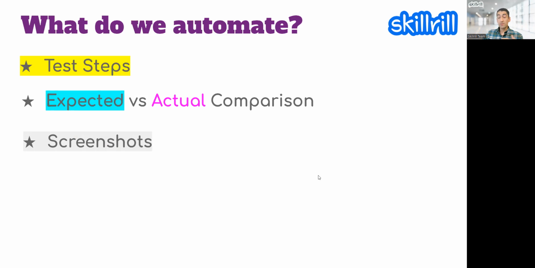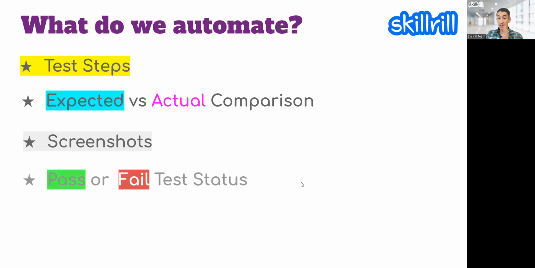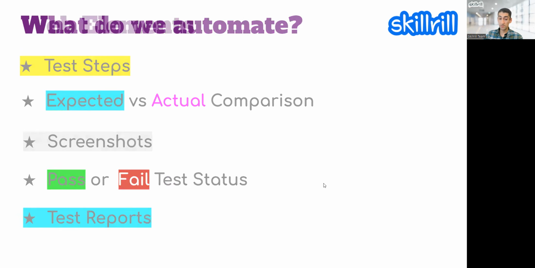You could take the screenshots manually, but imagine how much time it would take. So an automated script can take screenshots, and I'm going to show you how. And you can also generate test reports. That's a bit more complex, but it comes with the test automation practice. That's something that we're going to show as part of the bootcamp, generating test reports.